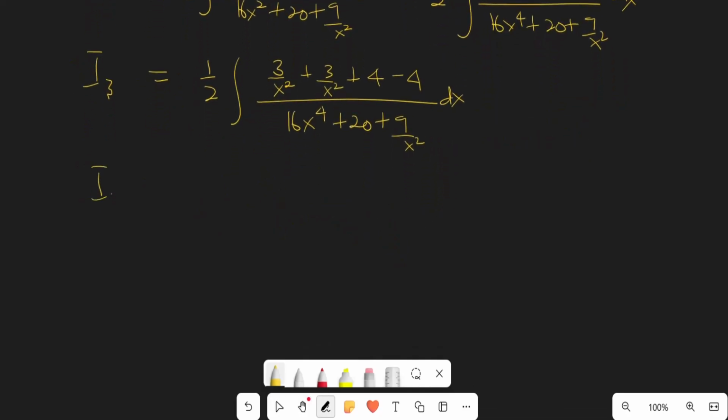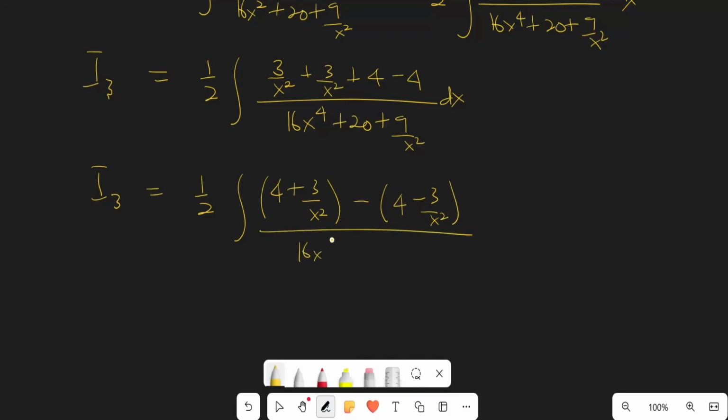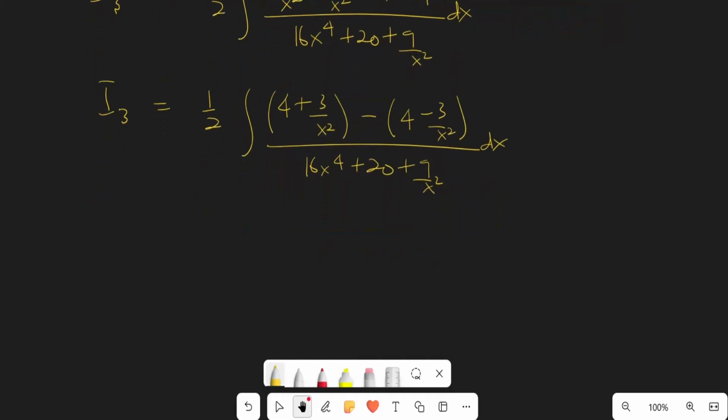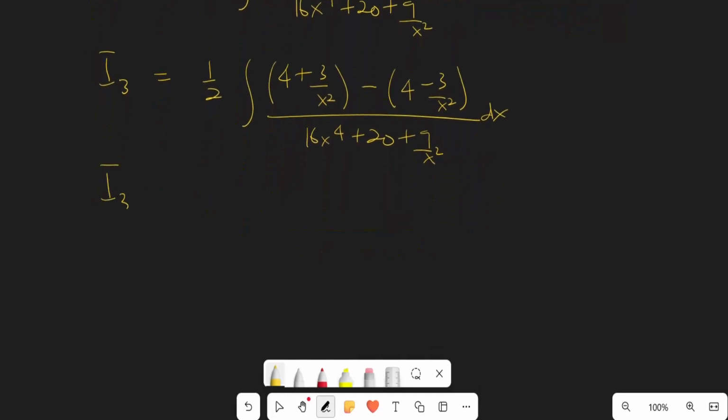So rearranging the numerator, you are going to have 1/2 the integral. This is going to be 4 plus 3 over x squared, that is 4 here plus 1 of this. And this can also be written as minus the bracket 4 minus 3 over x squared, divided by 16x squared plus 20 plus 9 over x squared dx. This numerator is the same as the numerator above. Now we can split this integral into two different integrals.